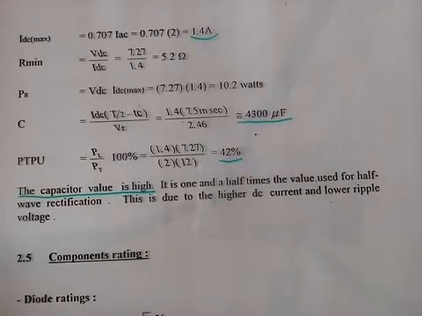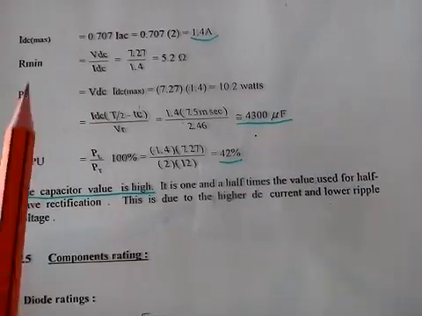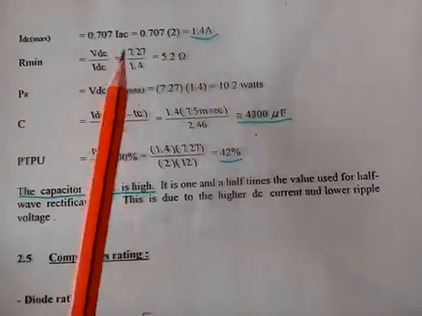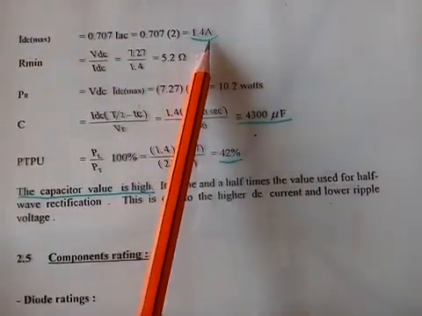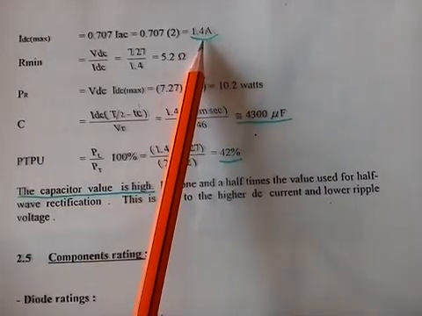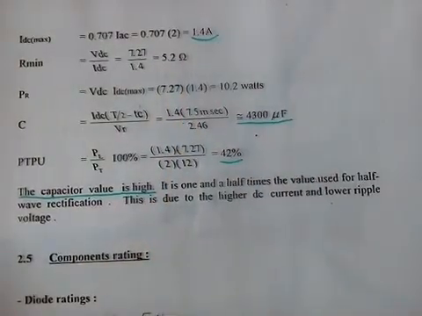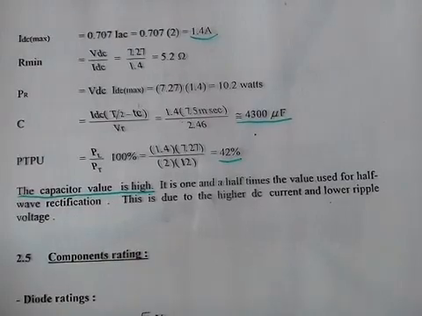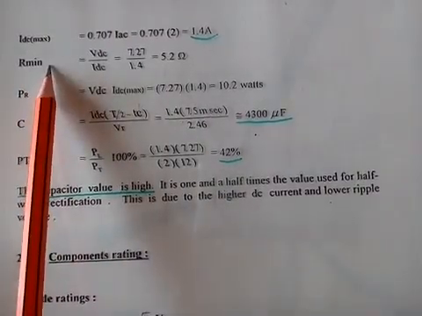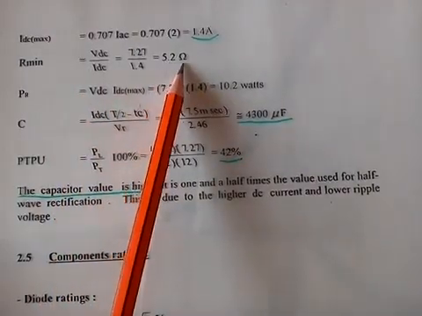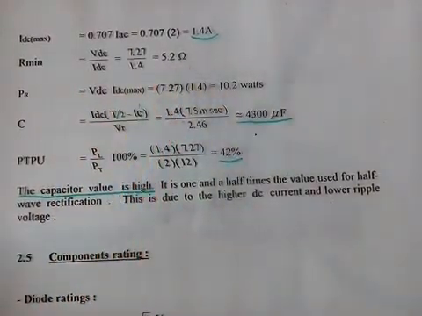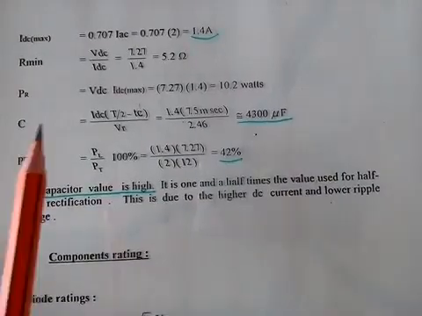Now, what is the maximum current that we are allowed to have? Like we said before, we get about 71% of IAC, and that equals 1.4 amps. We are allowed to have as much as 1.4 amps out of the transformer without exceeding its peaks. The minimum resistance in this case equals VDC over IDC, and that comes to 5.2 ohms. That's the minimum value of resistor you are allowed to use.